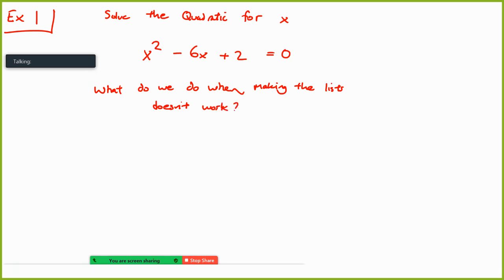Now, we haven't even tried yet. I've kind of given you a hint. It's not going to work in this case, but I want to show you.